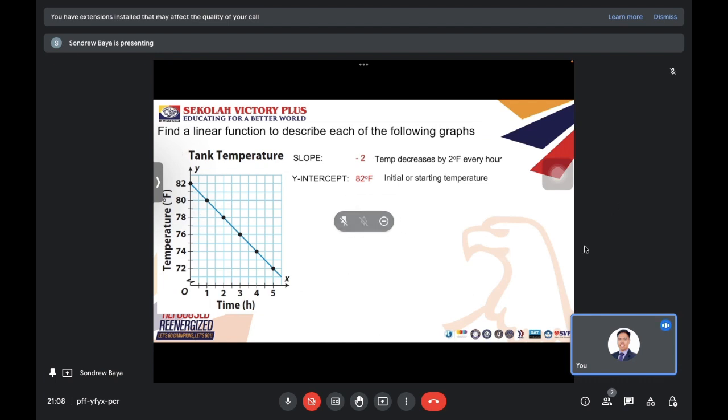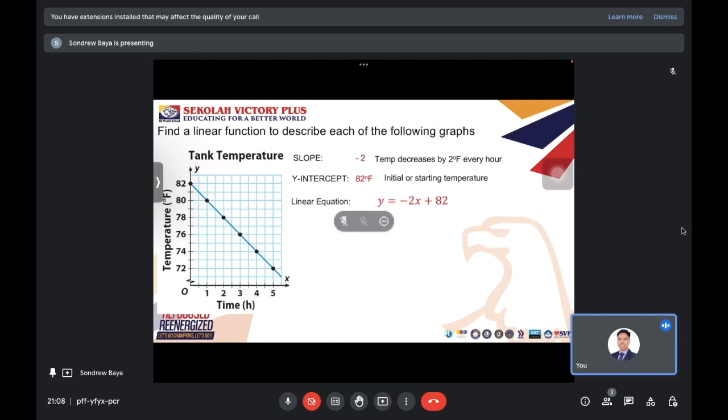Now, once we have this, we can come up with our linear equation. We have y equal to slope times x plus y-intercept. Slope is -2, so -2 times x plus 82. And this is our linear equation.